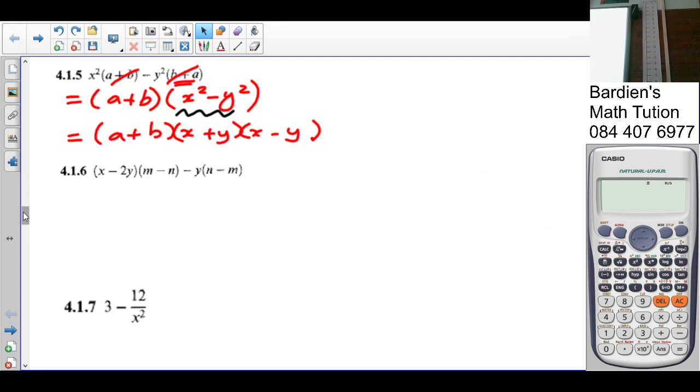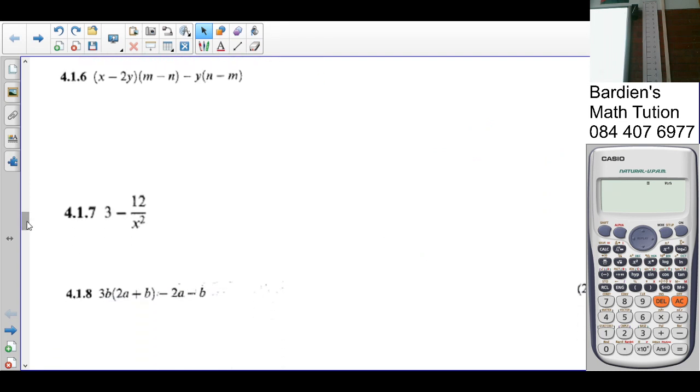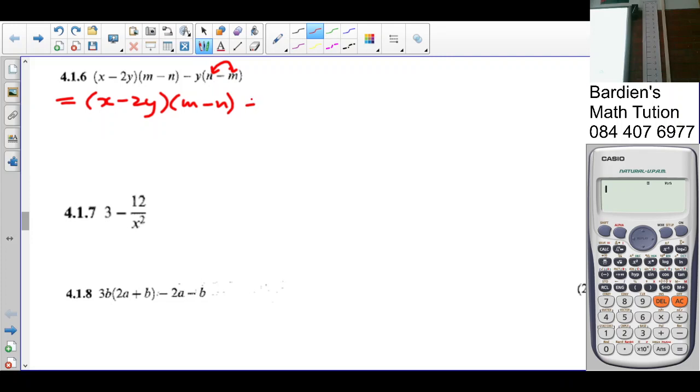Anyone else? No? People, 4.1.6. What needs to be done first here? Swap this around. Not so? So it's going to become x minus 2y, m minus n. If I swap this around, a negative comes up, making that negative a positive.